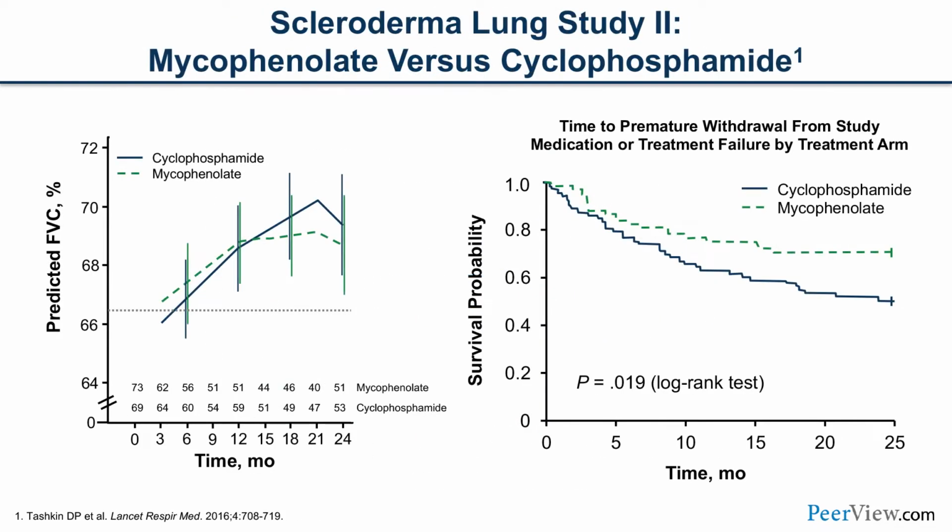Mycophenolate mofetil was then looked at and compared to cyclophosphamide, and it performed about the same, but we had a little bit better survival and better profile for adverse events in patients on mycophenolate mofetil versus cyclophosphamide. As of 2019, Nintedanib therapy has been approved for the treatment of systemic sclerosis-related ILD.